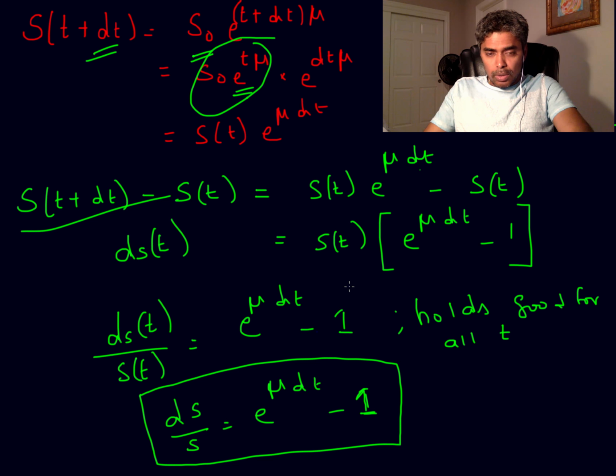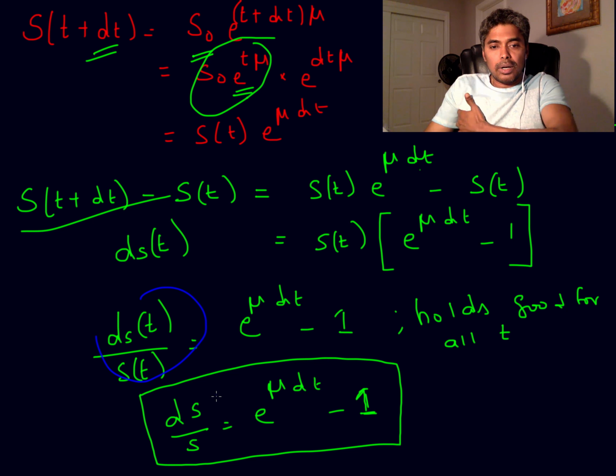This equation holds good for all t, so I'm generalizing it: dS by S is equal to e to the power mu dt minus 1. So this is a general differential equation of the investment behavior for a risk-free investment with compound interest.